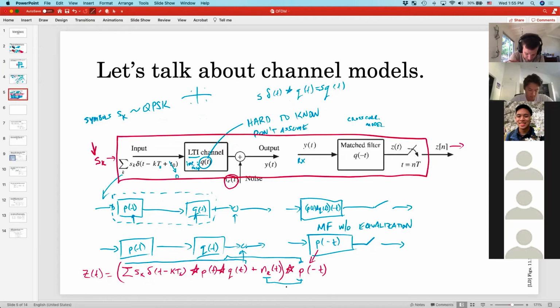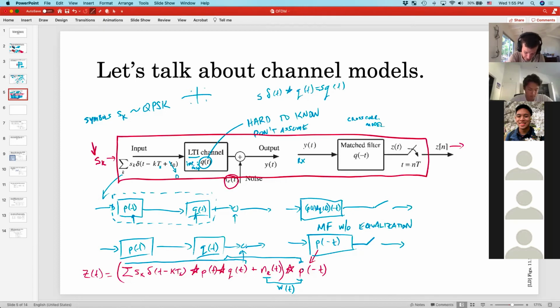Okay, so I'm going to call this noise, how the noise gets filtered by the matched filter, W of t. I don't know exactly what it's going to look like, but I'm just going to give it the name W of t.